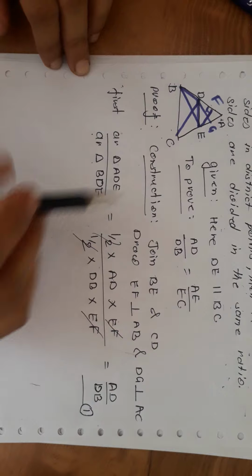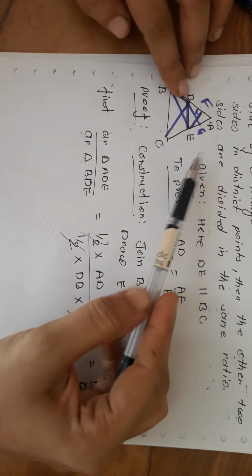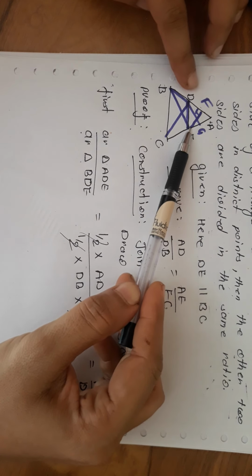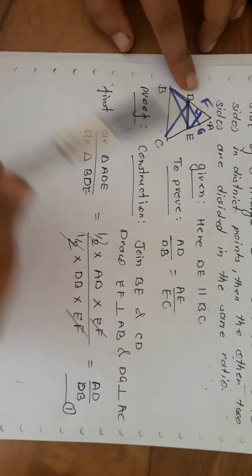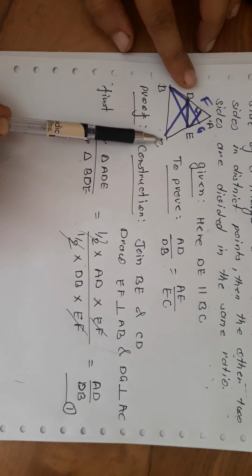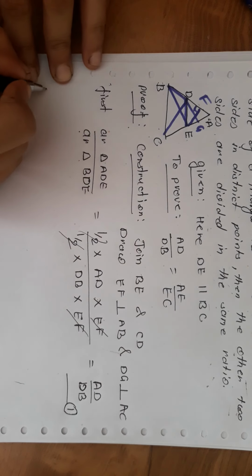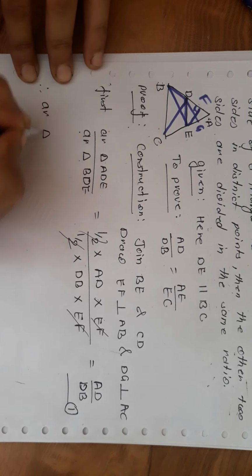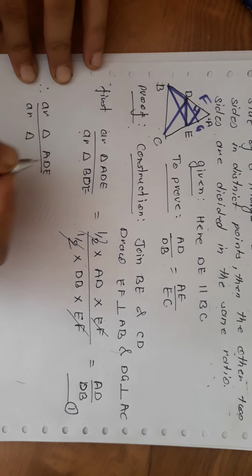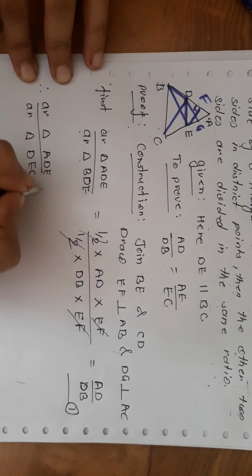Now second, we need to find the ratio of the areas, again triangle ADE divided by the right hand side triangle DEC. Again it is half into base into height.